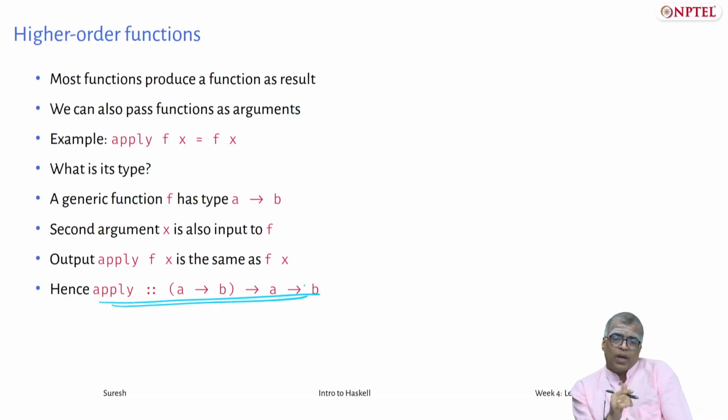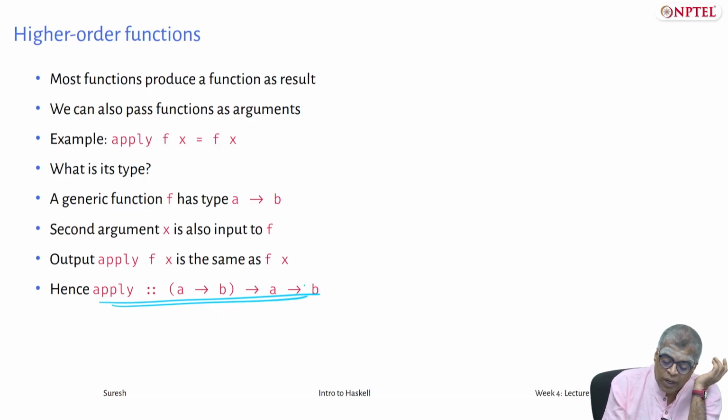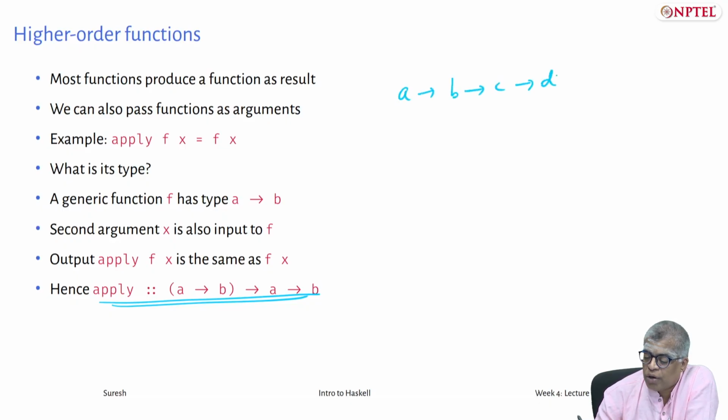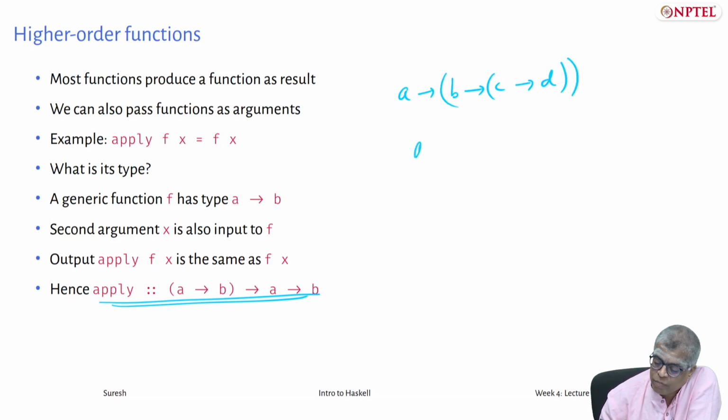Okay, so that's apply. Note the important point that one of the arguments is a function and that is reflected in the type. Typically you will have A arrow, B arrow, C arrow, D, and you will do the parenthesization to the right. But here you have something like this, right?